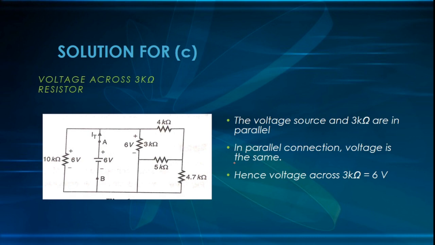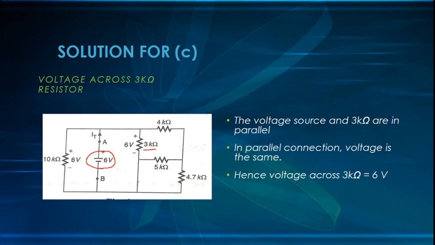Third subdivision, we are asked to find the voltage across this 3 kilo ohm resistor, and here we had the terminals A and B across which we have connected your 6 volt power supply. Now if you see, this 6 volt supply and the 3 kilo ohm are in a parallel combination. The one end of voltage source is connected to one end of resistor.